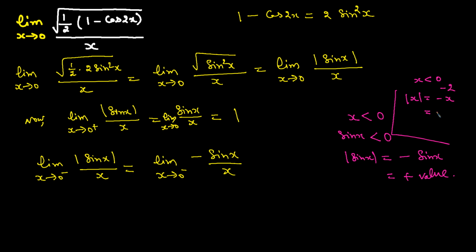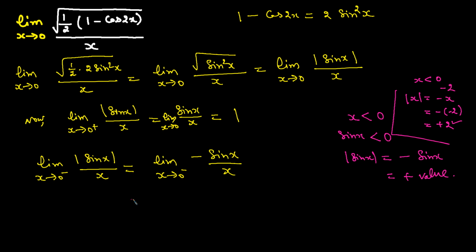And you can see x is negative 2, so multiplying by negative 2 gives you positive 2. See, the absolute value function is again positive. That's what we are trying to do over here. As sine x is less than 0 in this case, as we are approaching from the left, the absolute value of sine x is going to be negative sine x.